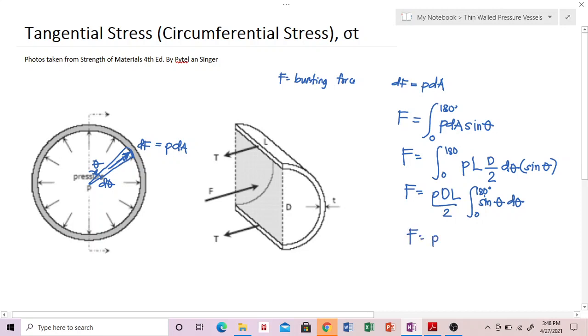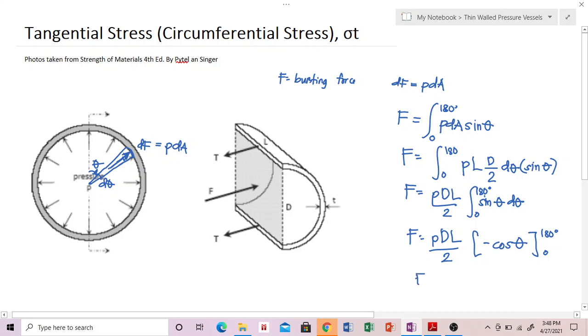Review na rin sa calculus ninyo. So, integral of sine theta d theta is equivalent to, diba, that is negative cosine of theta. Limit is from 0 to 180 degrees. Then, kapag kinompute mo yung negative cosine 180 minus negative cosine 0, that is equivalent to 2.